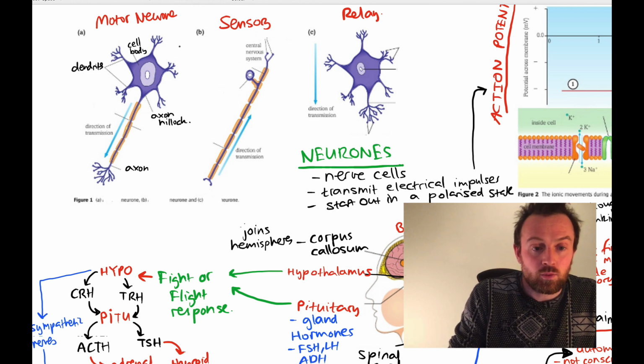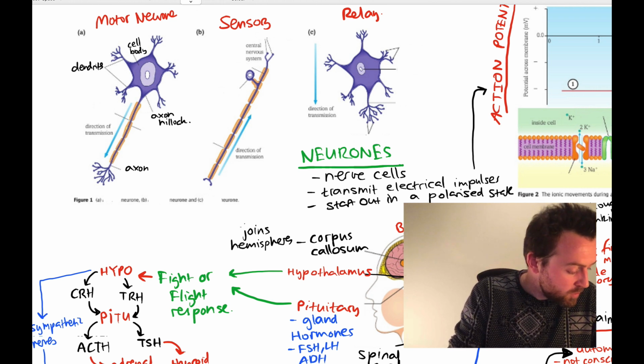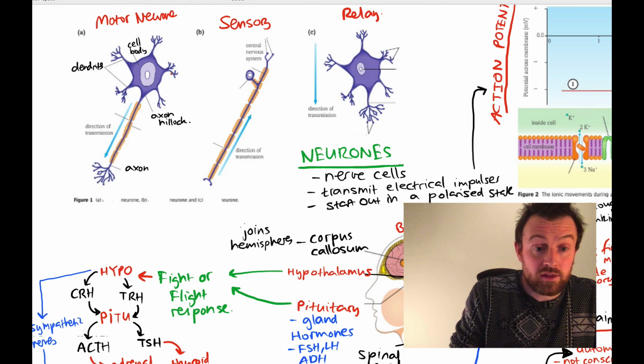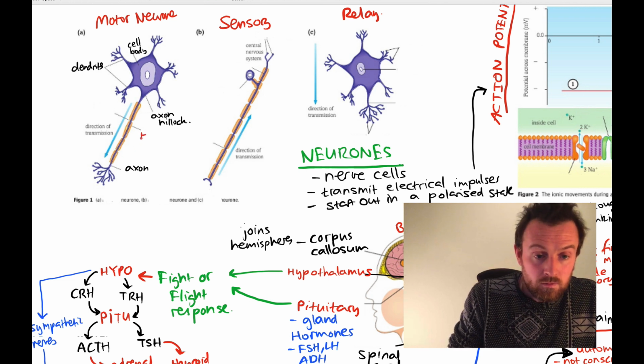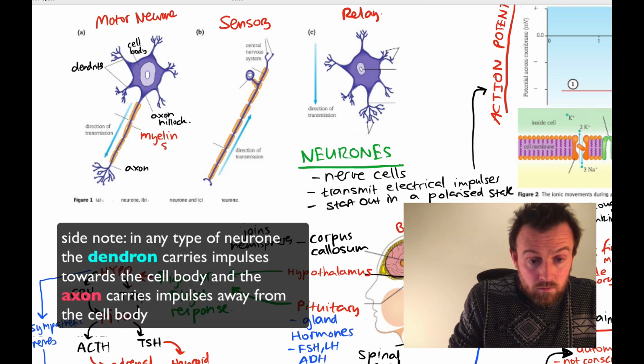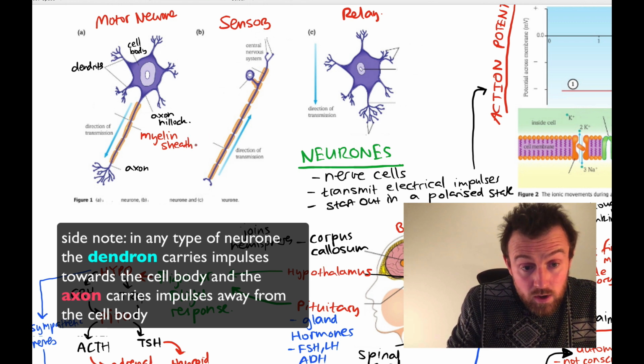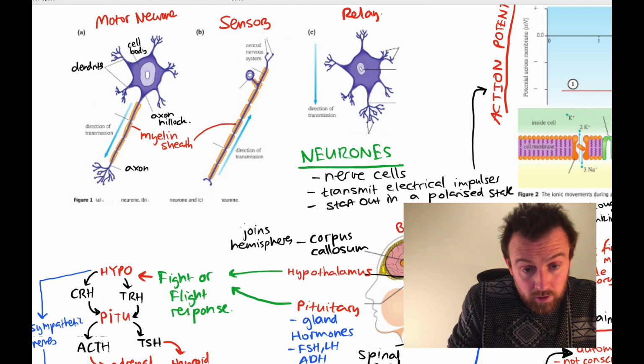But in this case, we've got a myelin sheath around it. I'm going to put that in red because that's kind of important. And actually you can label that over here as well. So the myelin sheath is this orange layer, and I'll also label it over here as well.